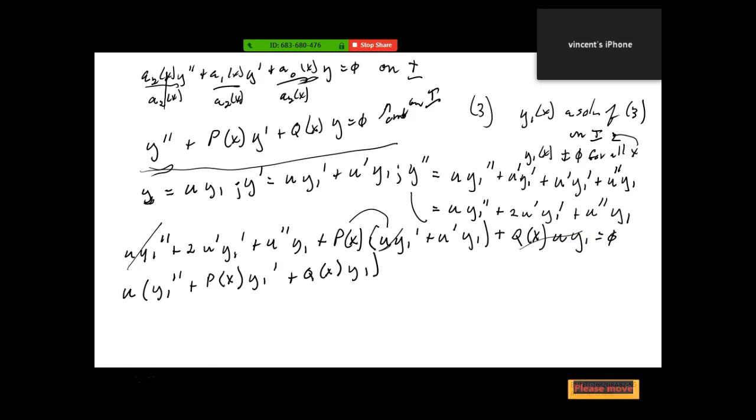Okay, what do I have left? Plus 2u prime y1 prime plus u double prime y1.